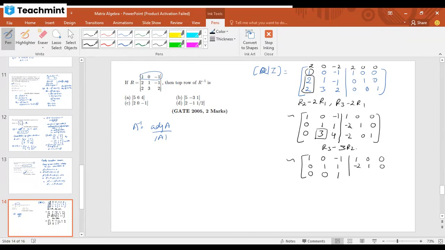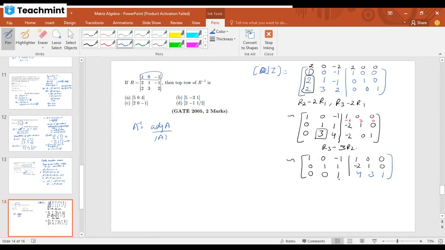Minus 2 plus 8, because when we are taking 4 times, basically this will be minus 8. Sorry, it is 3 times. So 3 times means it is minus 6, 3, 0. So minus 2 plus 6 is 4, 0 plus 3, 0 minus 3 is minus 3, and 1 as it is.